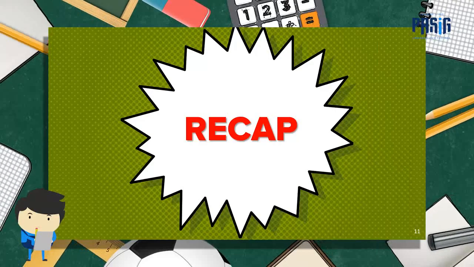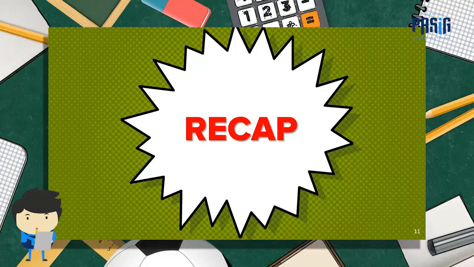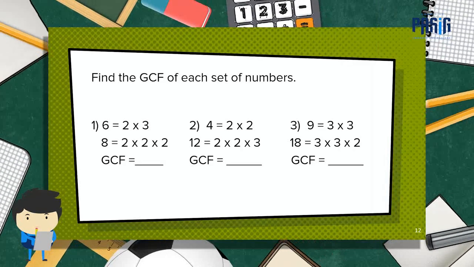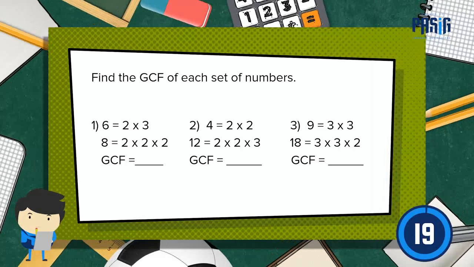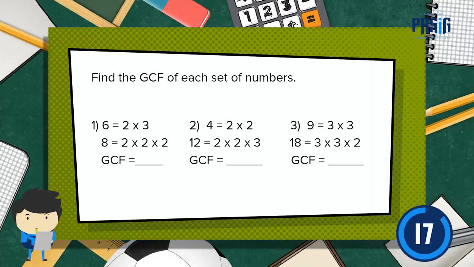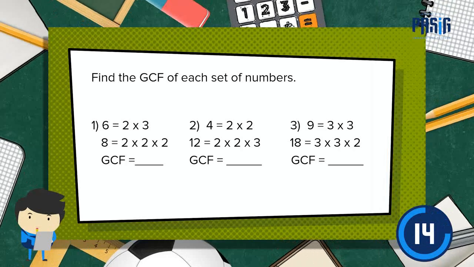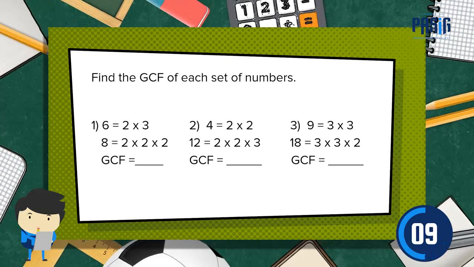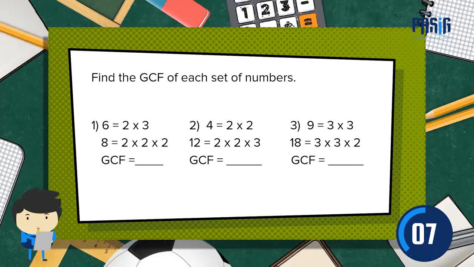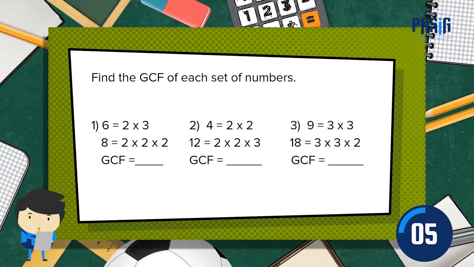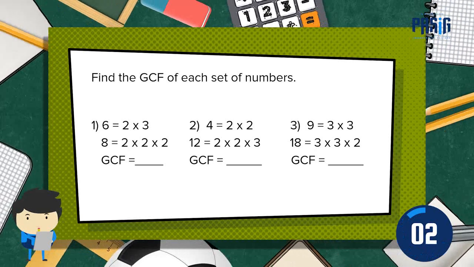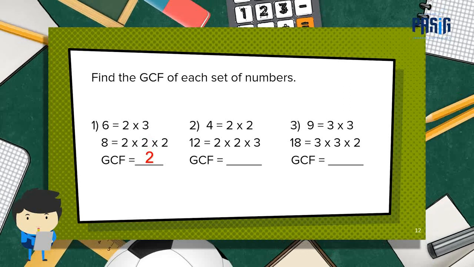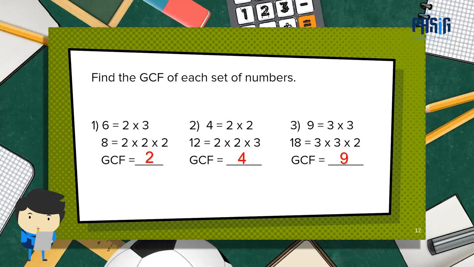It's time for recap. Let's see if you can still recall your previous lesson. Directions: find the GCF or greatest common factor of each set of numbers. Their GCF is 2, 4, 9.